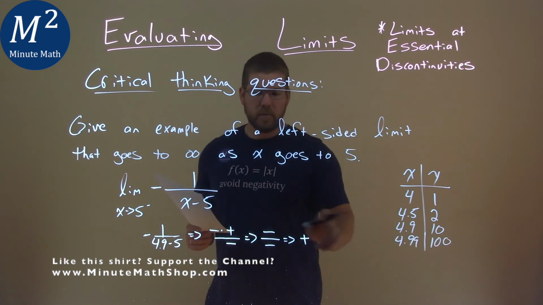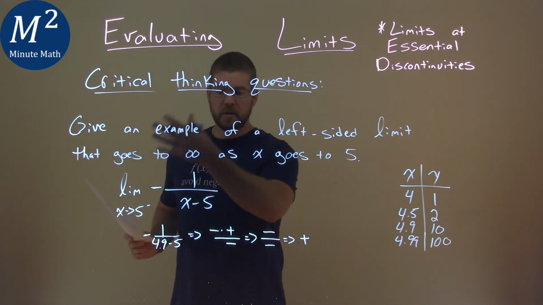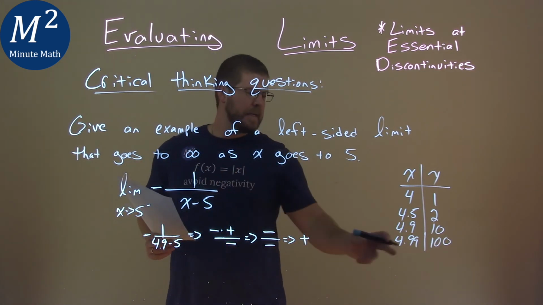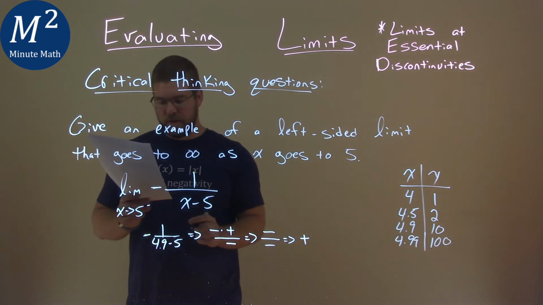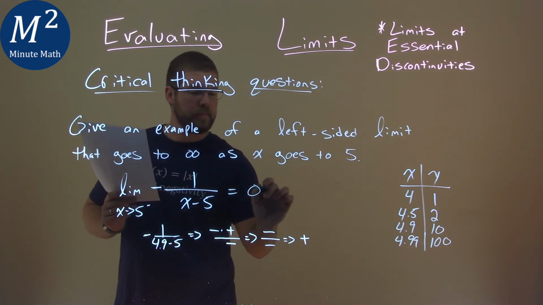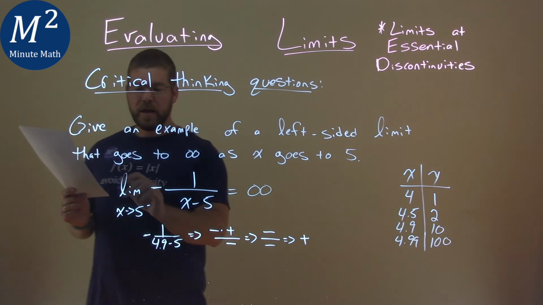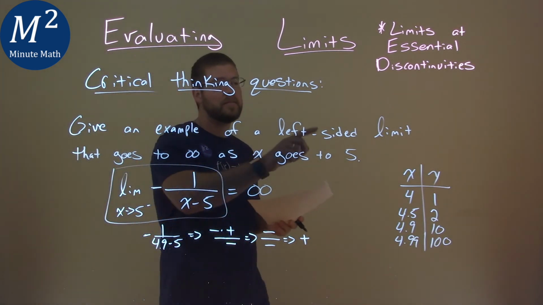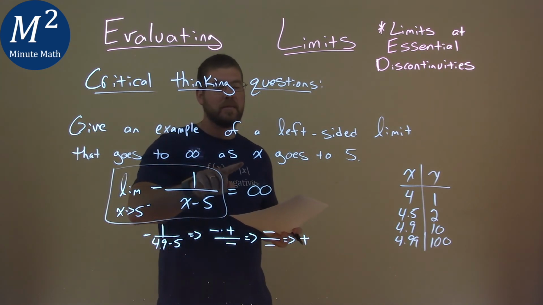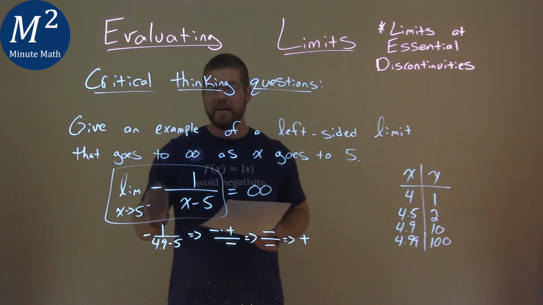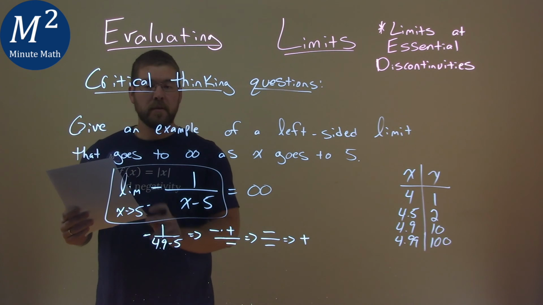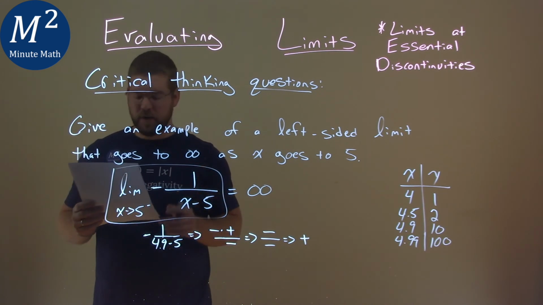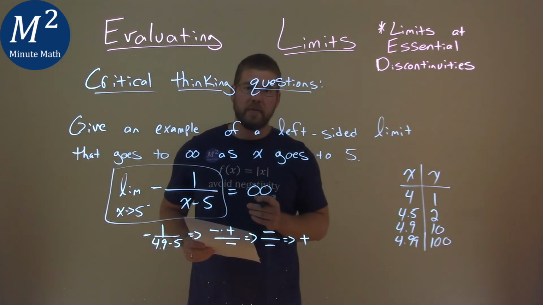And so we can see with our table and with our knowledge of limits of rational functions that we're approaching positive infinity now. And so we have created a limit as our final answer: an example of a left-sided limit that goes to infinity as x goes to 5 is the limit as x approaches 5 from the left of negative 1 divided by x minus 5.